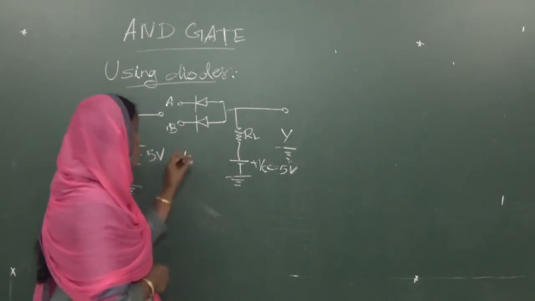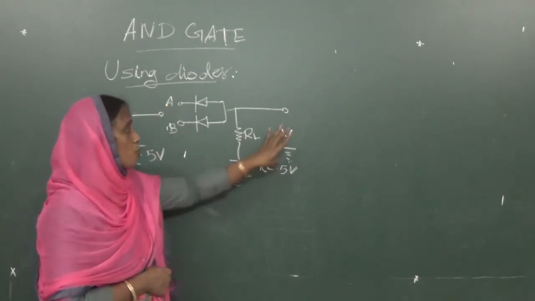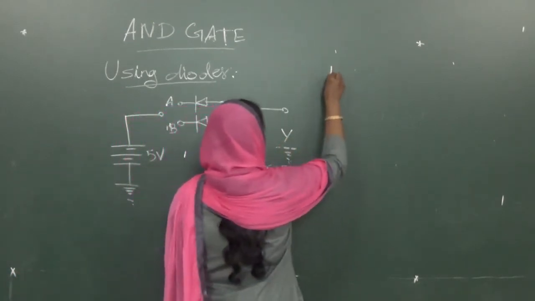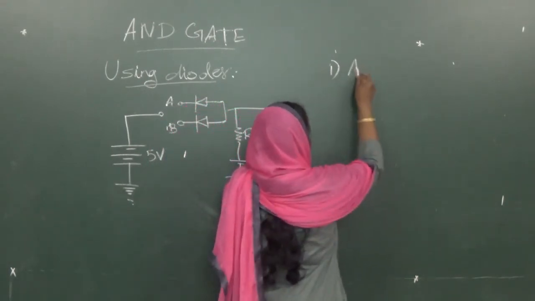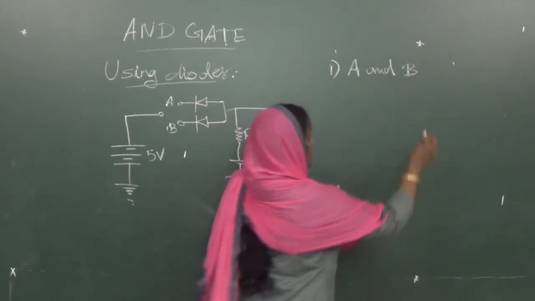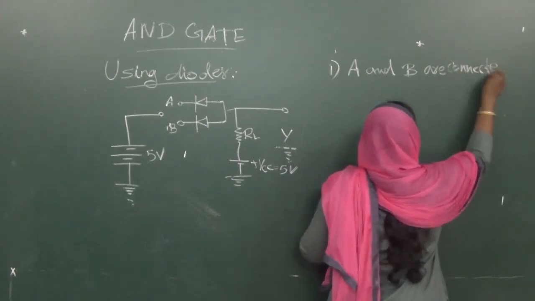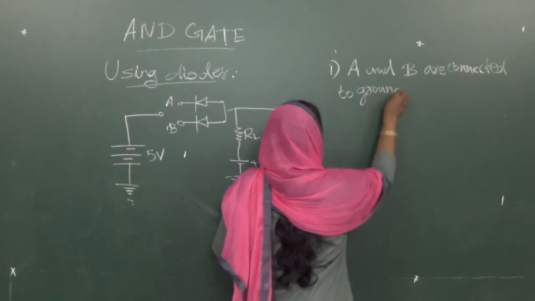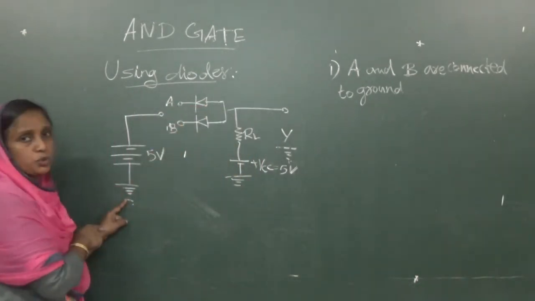That means if you give 2 inputs 0, 0, it gives you 0 output. I can write here the case 1: both A and B are connected to ground.